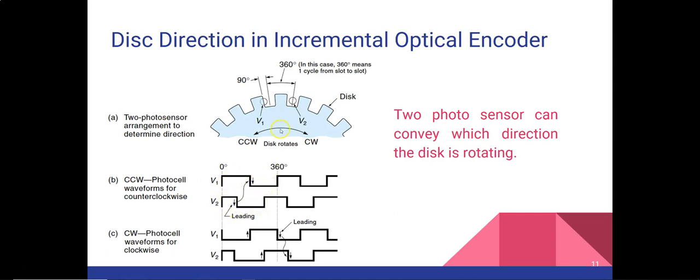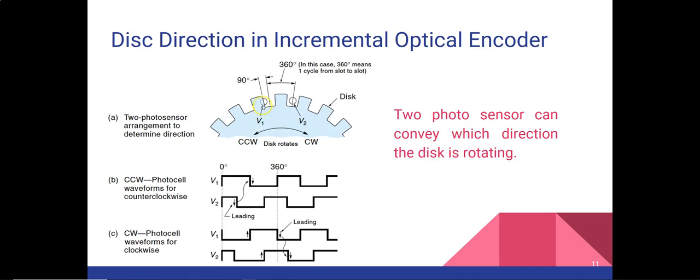So this was the case for the counterclockwise. Now let's see the clockwise, which means the disk is rotating in this direction. Let's assume from this side that V2 is going to be on for this duration. It is represented by this small on, and then it will be off for this whole segment.